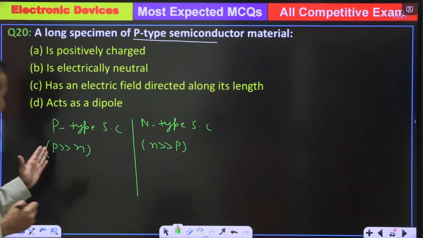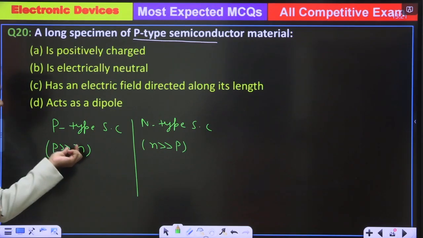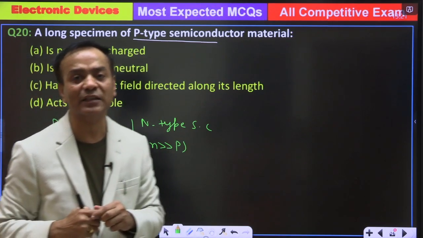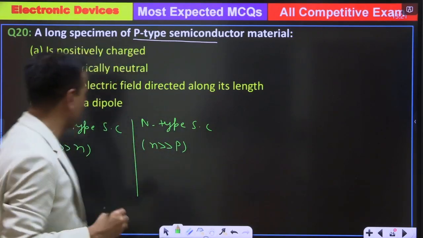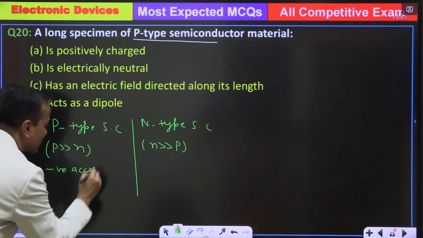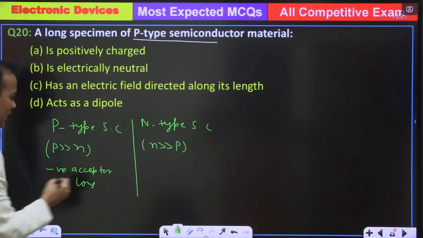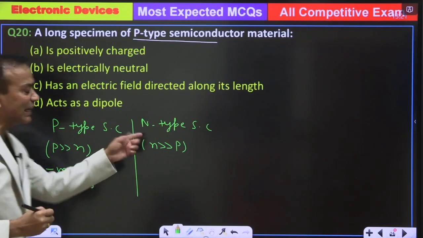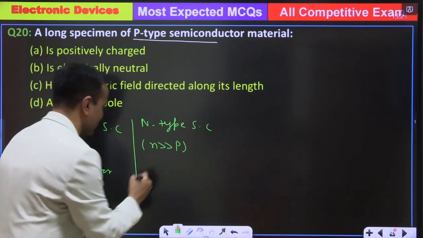In P type of semiconductor, we have the majority charge carrier, the minority charge carrier, as well as negative acceptor ions. So apart from this, it is having negative acceptor ions also. Similarly, the N type of semiconductor is having positively charged donor ions.